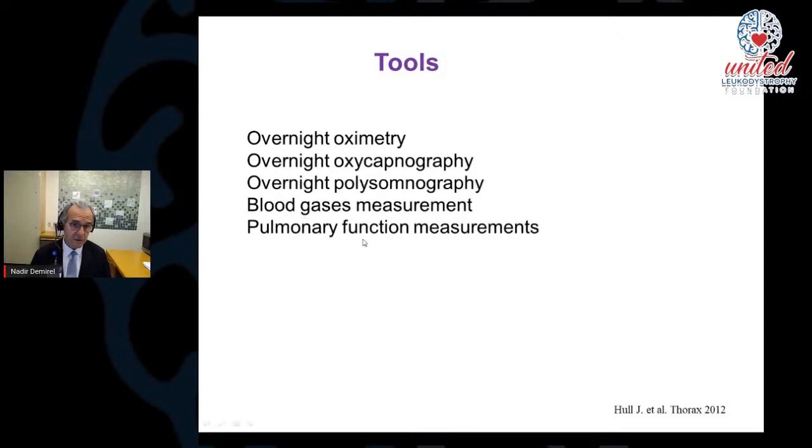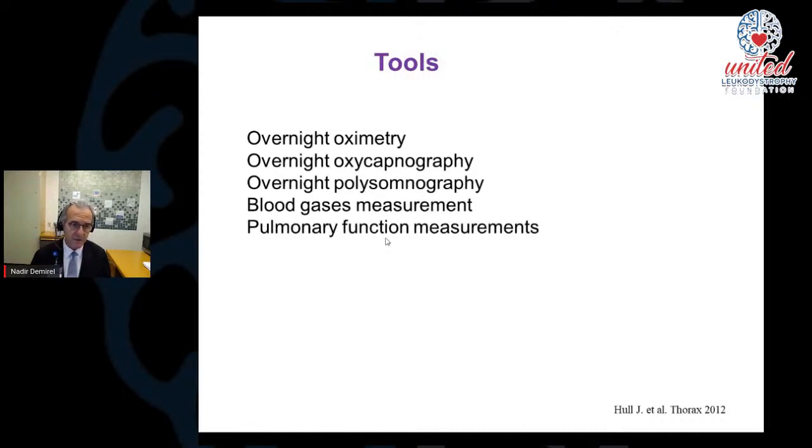The last tool is pulmonary function measurements. We can have some measurements reflecting particularly respiratory muscle strength and the lung volumes, how much air your lungs can hold, which we call vital capacity. The problem with pulmonary function measurements is that you have to have a patient who is old enough first and cooperative enough.